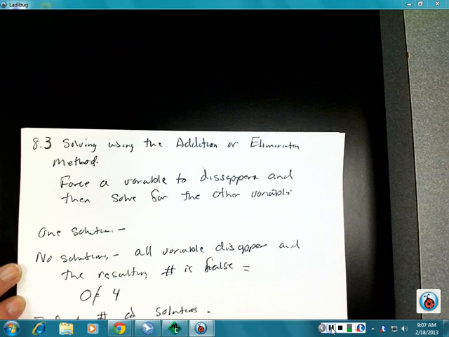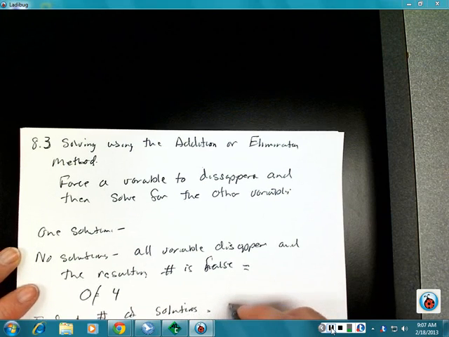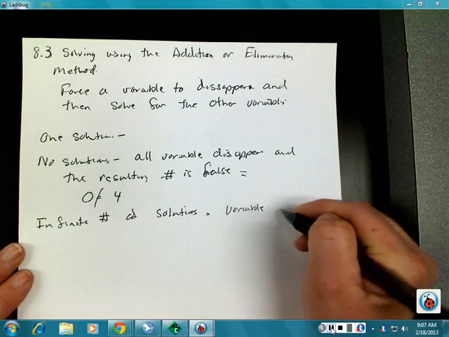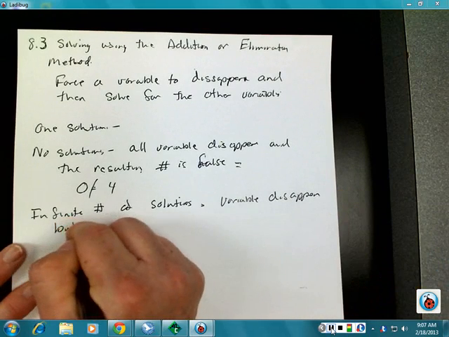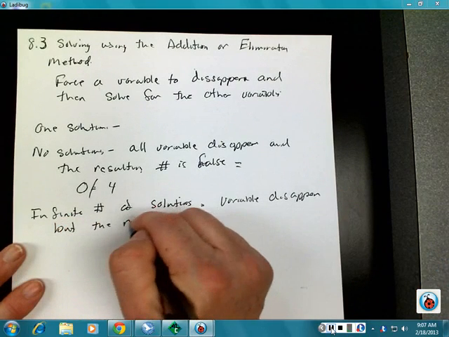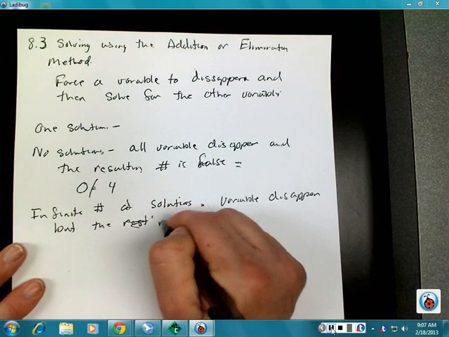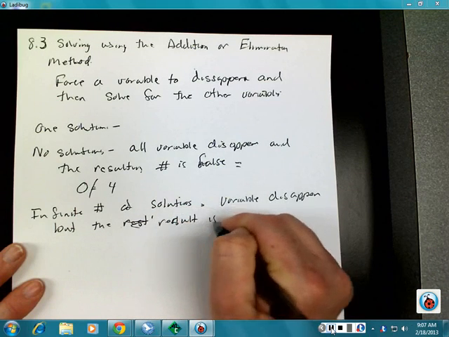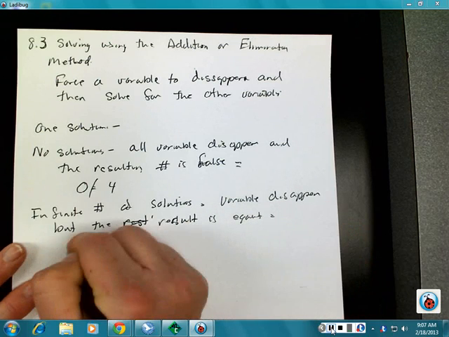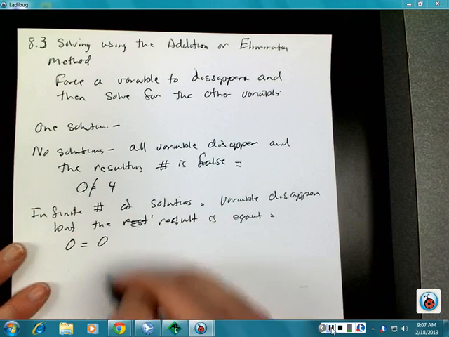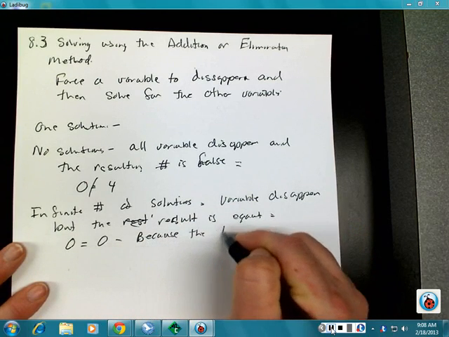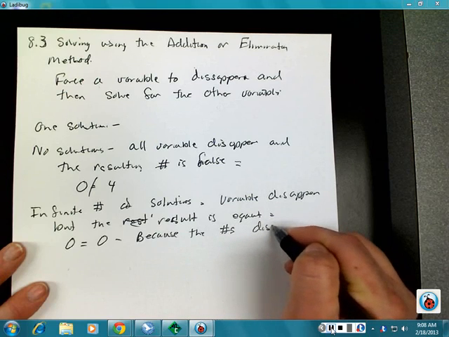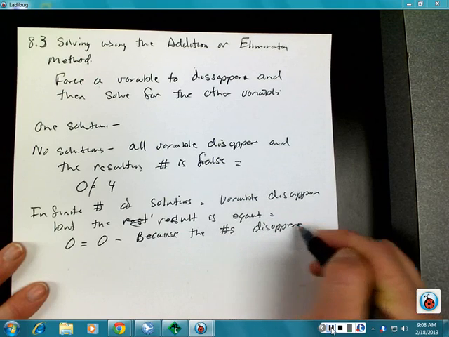And with an infinite number of solutions, the variables disappear, but the result is equal, meaning you're going to get 0 equals 0, because the numbers disappear also.